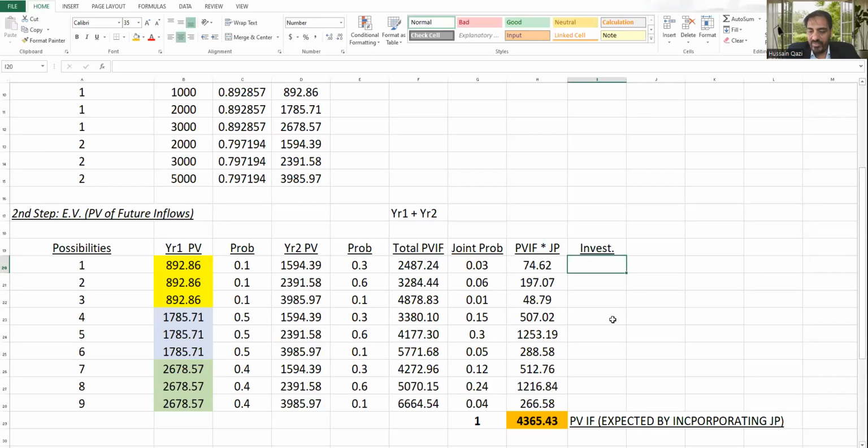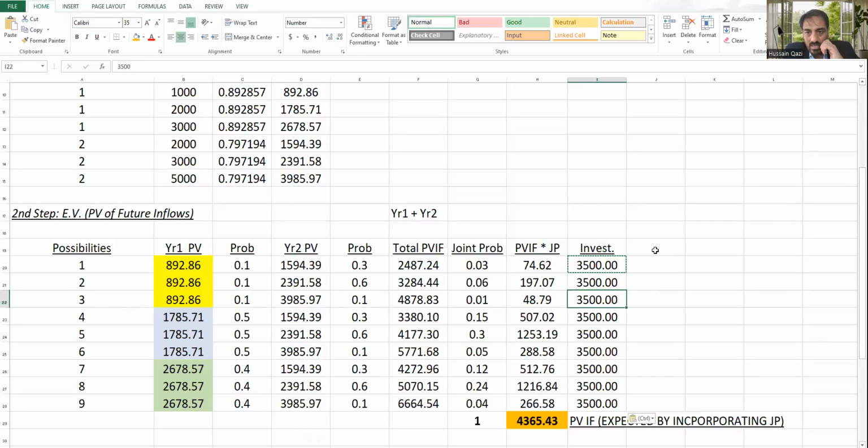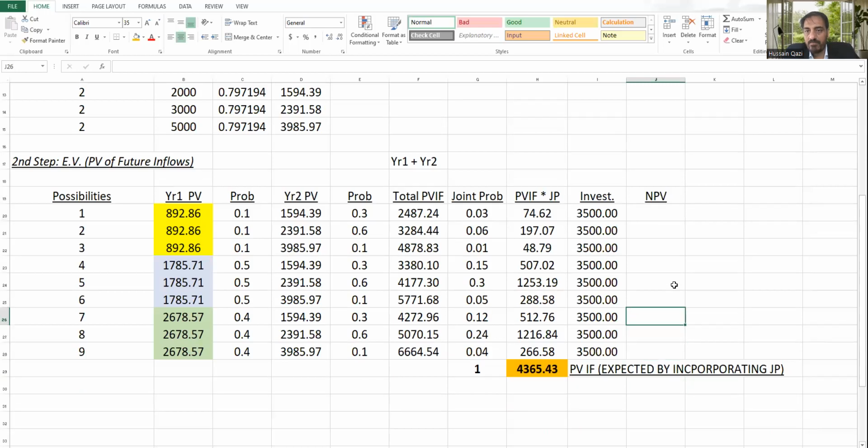If investment in all the case 3,500 investment. And if we need to calculate the present value, NPV for all individual cases, listen carefully. For example, 3,500 minus the total present value inflows. This is 3,500 minus total present inflows.